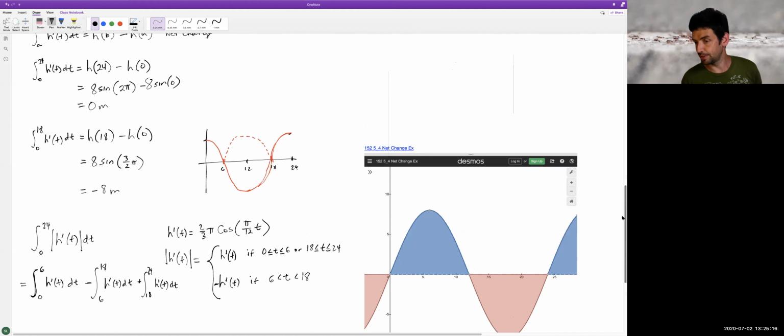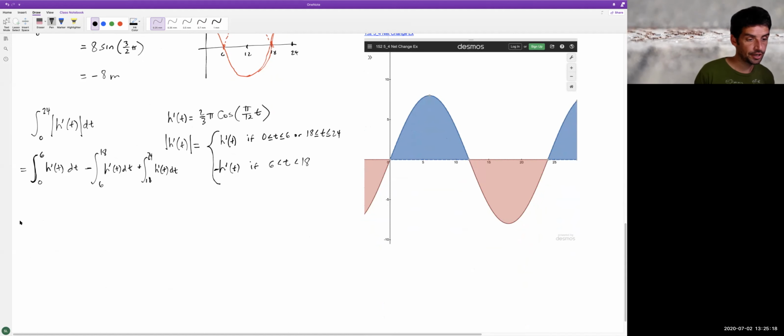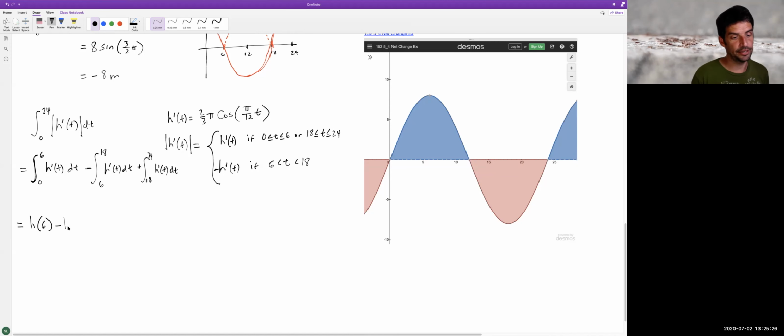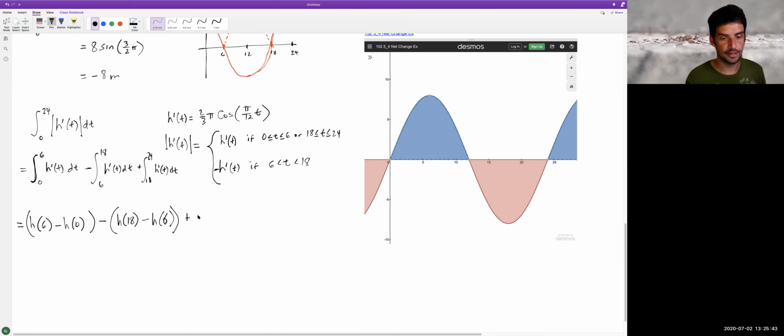Right, so we're going to split it up into these 3 integrals. Each of these we already know how to solve. The first one is just h of 6 minus h of 0, minus h of 18 minus h of 6, plus h of 24 minus h of 18.